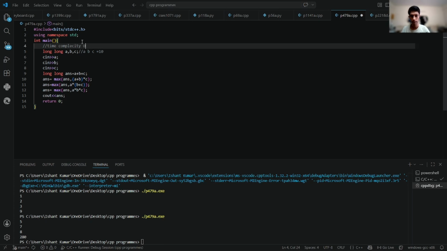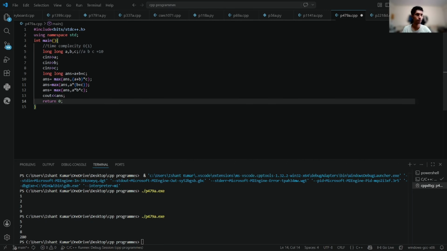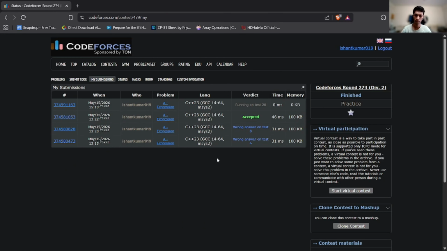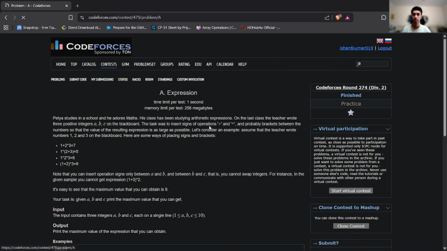It will be big O of 1. We are not using any iteration, so the time complexity is constant here. And let's see, it is still running. Yeah, it got accepted.